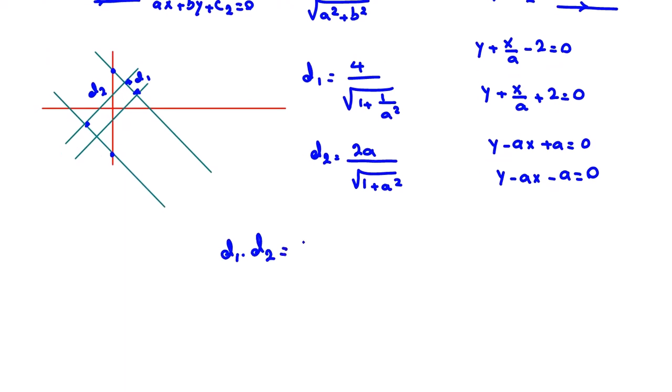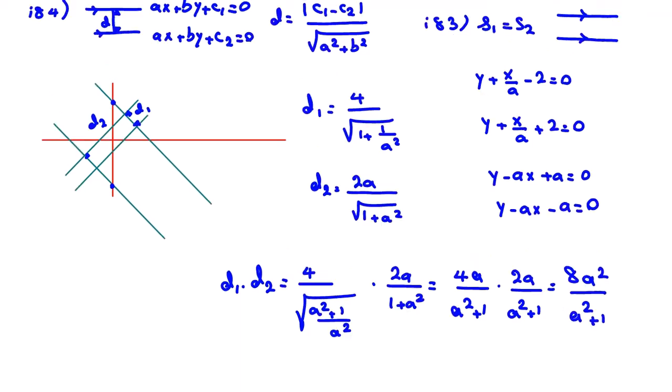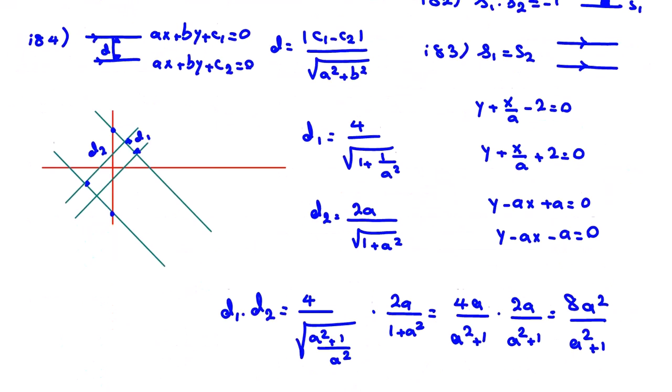It will be 4 over the square root of a squared plus 1 over a squared, times 2a over the square root of 1 plus a squared. If you take a out of the square root, it will be 4a over a squared plus 1 times 2a over a squared plus 1. So it will be 8a squared over a squared plus 1. So it will be choice D.